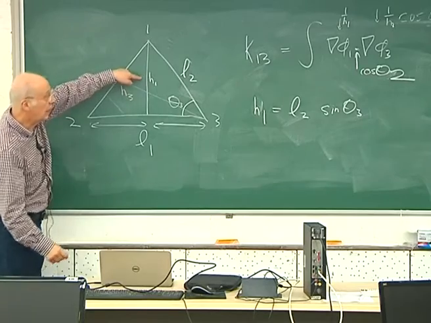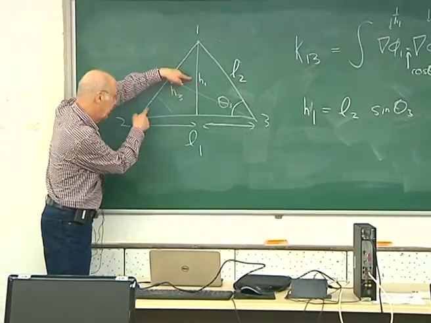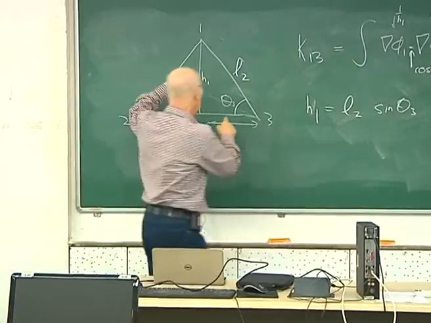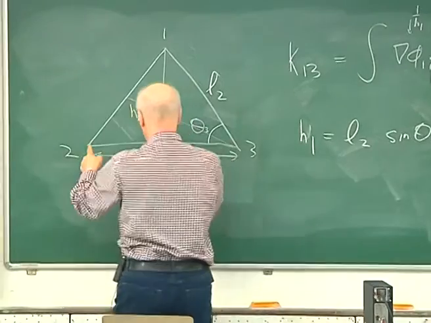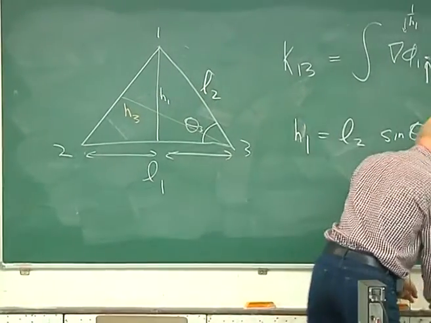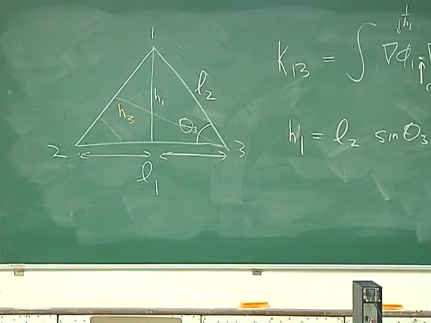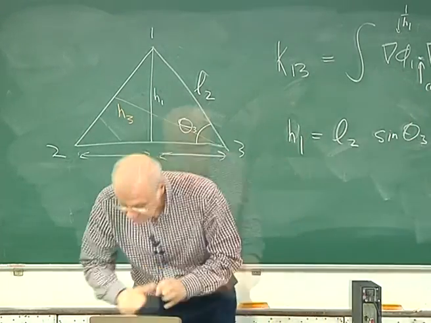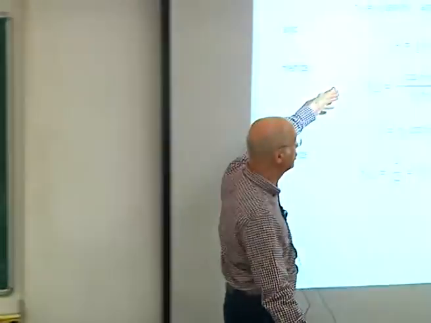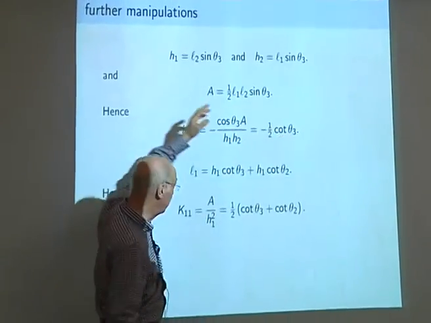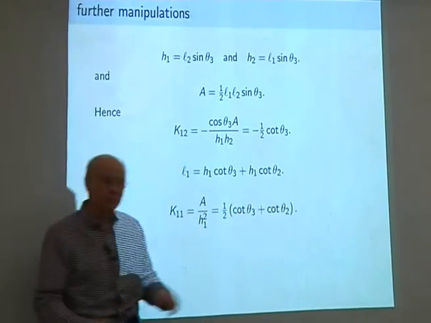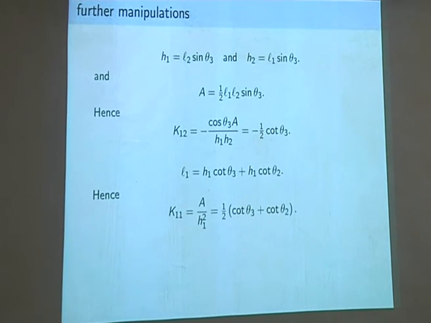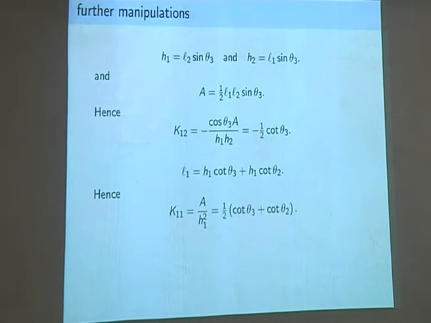So this is H1 times the cotangent of angle 2, plus H1 times the cotangent of angle 3, which gives this bit plus this bit, which is L1. And I want those various little expressions in order to end up with the simplifications that K12 just involves the cotangent of angle 3, and K11 involves the cotangent of angles 2 and 3.